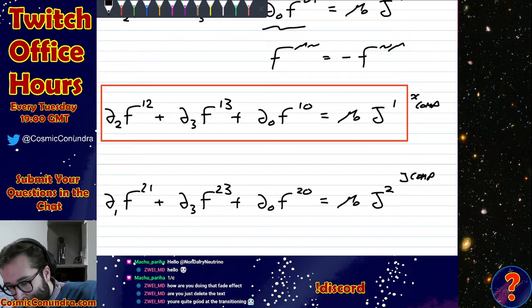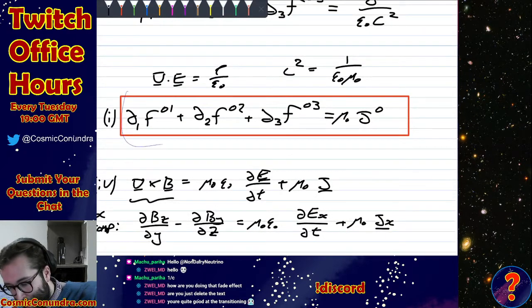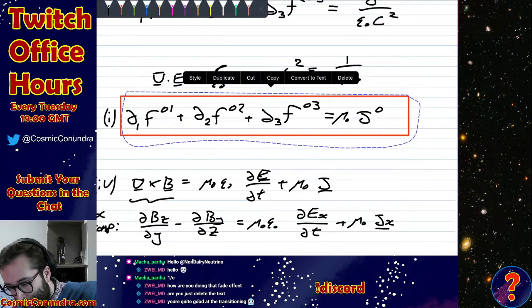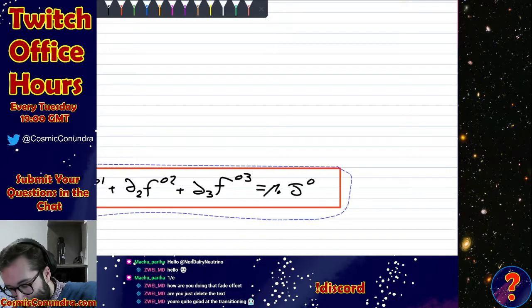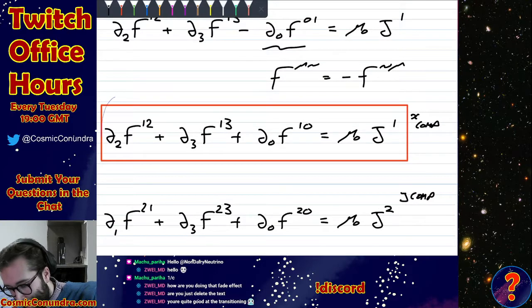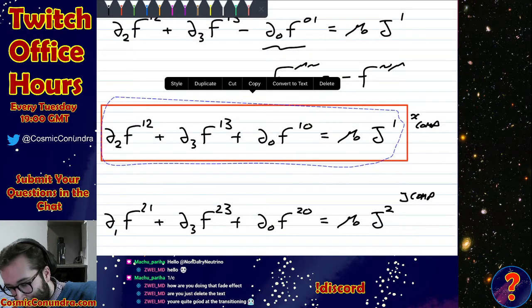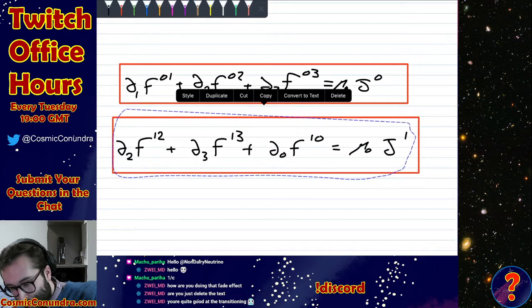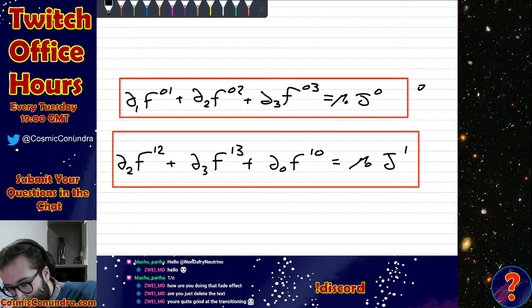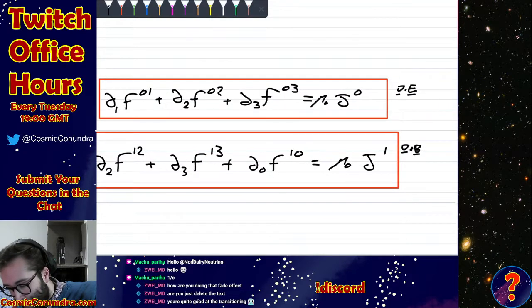So let me bring this equation down here that represents the first Maxwell equation, and then this other one that represents a component of a different Maxwell equation here. Remember, this is the div of E1, and this is the curl of B1. So these are different Maxwell equations represented by these two formulae.